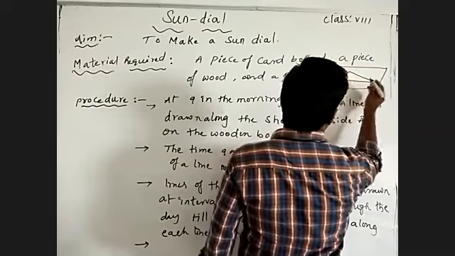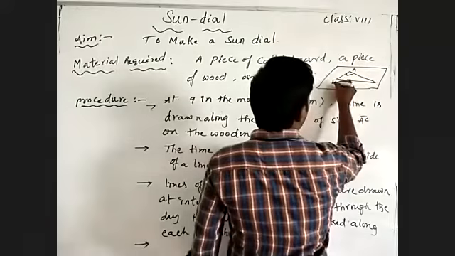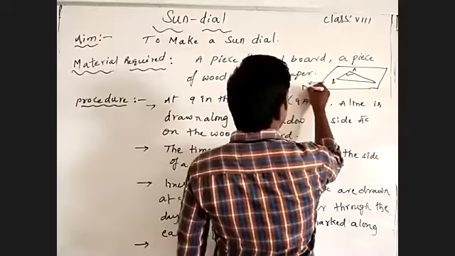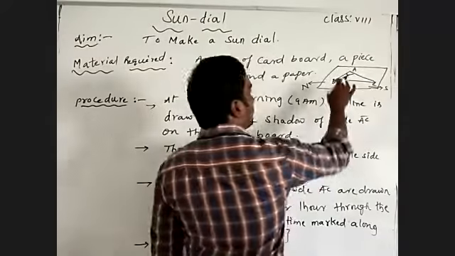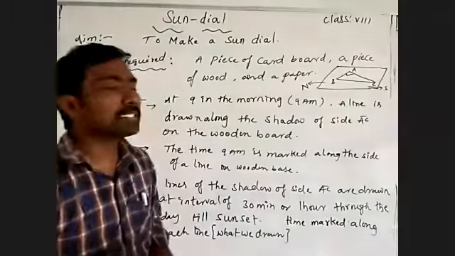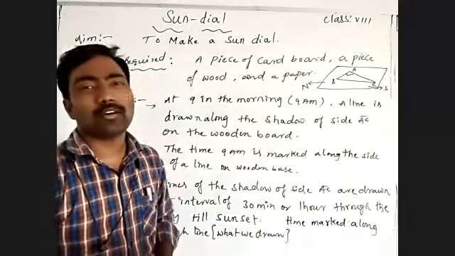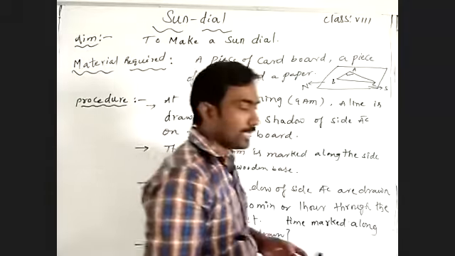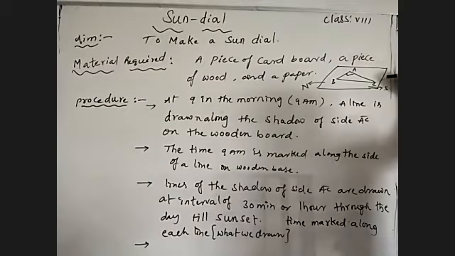This is 90 degrees, this is B towards the north, and this is C towards the south. This right angle triangle cardboard is placed vertically at the middle of the wooden base. By placing that, we draw a line at every interval of time.